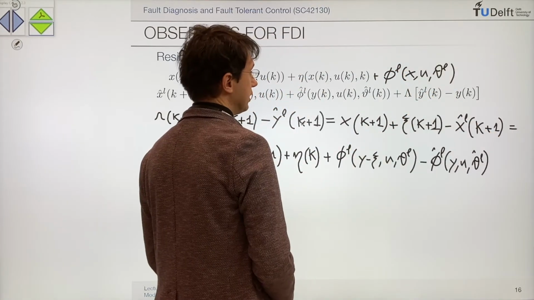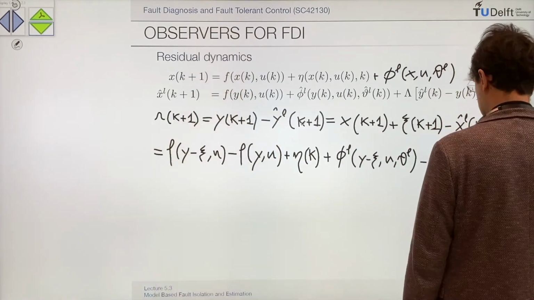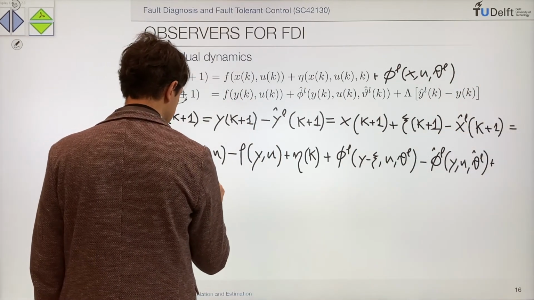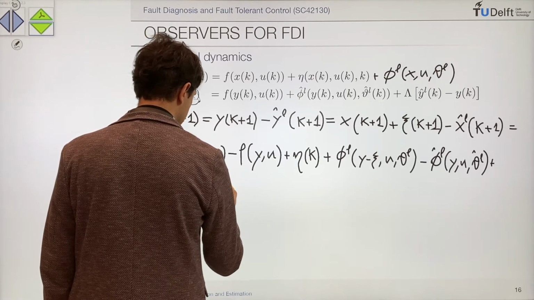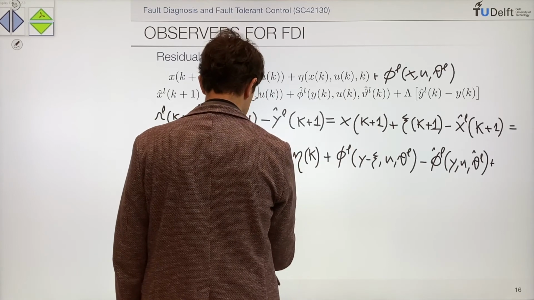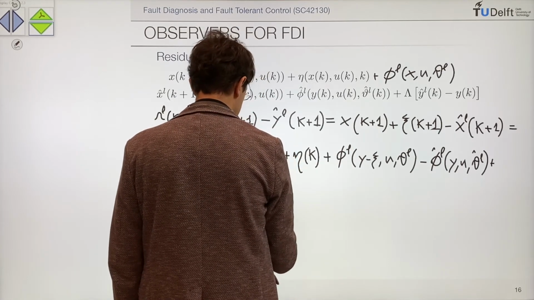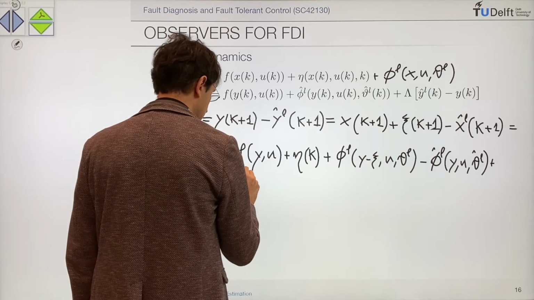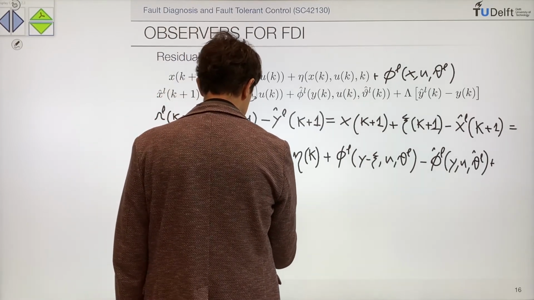And then we still have plus lambda that multiplies the residual at time k, and still we have the measurement uncertainty at time k plus 1.